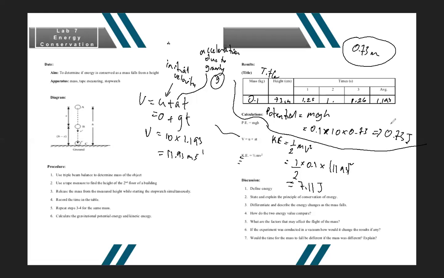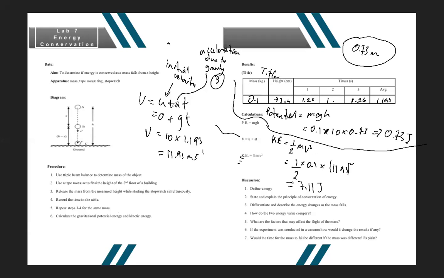Kinda. All right. So step 6 says we must calculate the gravitational potential energy, which we did up here, and then calculate the kinetic energy, which we did here, and we got 7.11. That is the velocity.